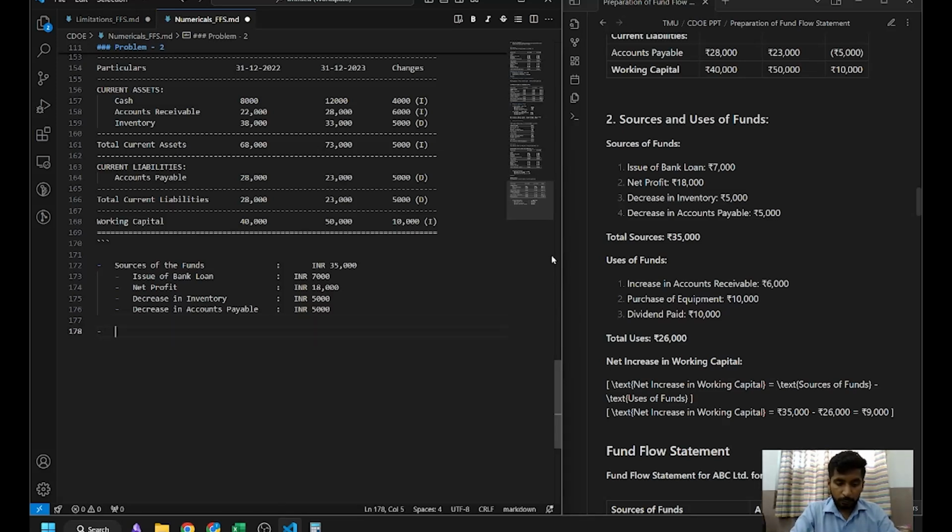Then are the uses of funds. Increase in accounts receivable. That is INR 6,000.